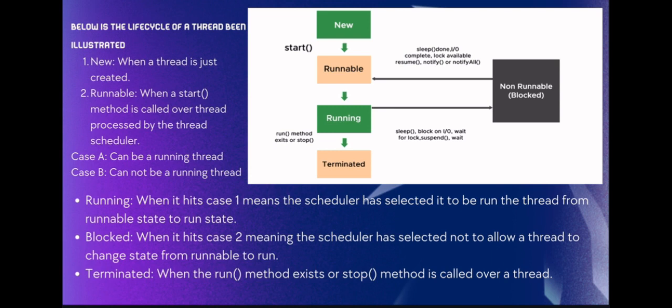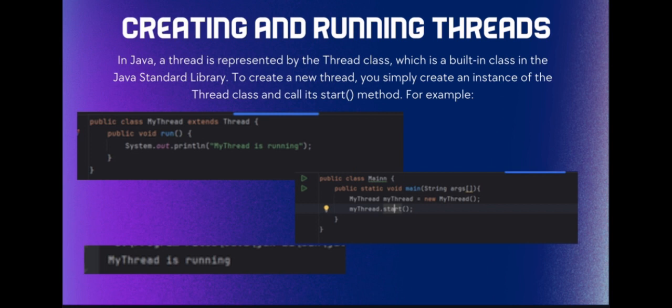Blocked is when it hits case 2, meaning the scheduler has selected not to allow a thread to change state from runnable to run. And last but not least, we have terminated, when the run method exits or the stop method is called on a thread.